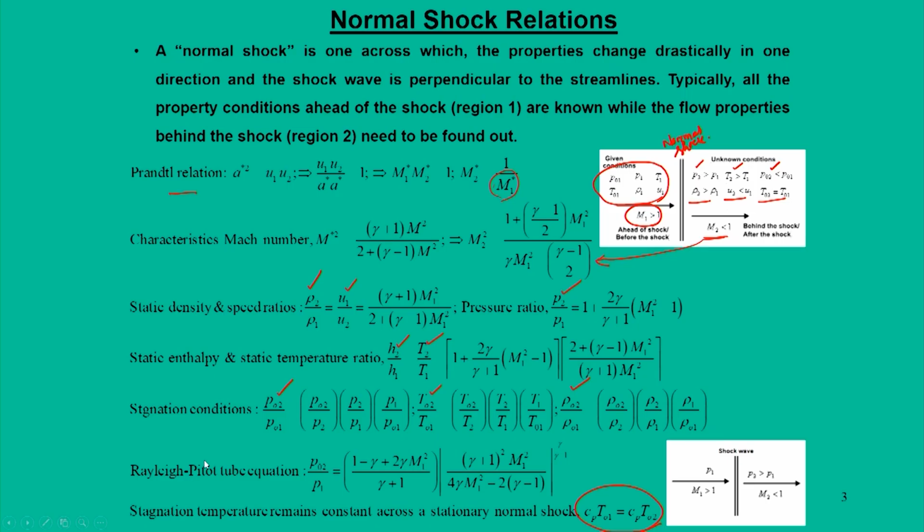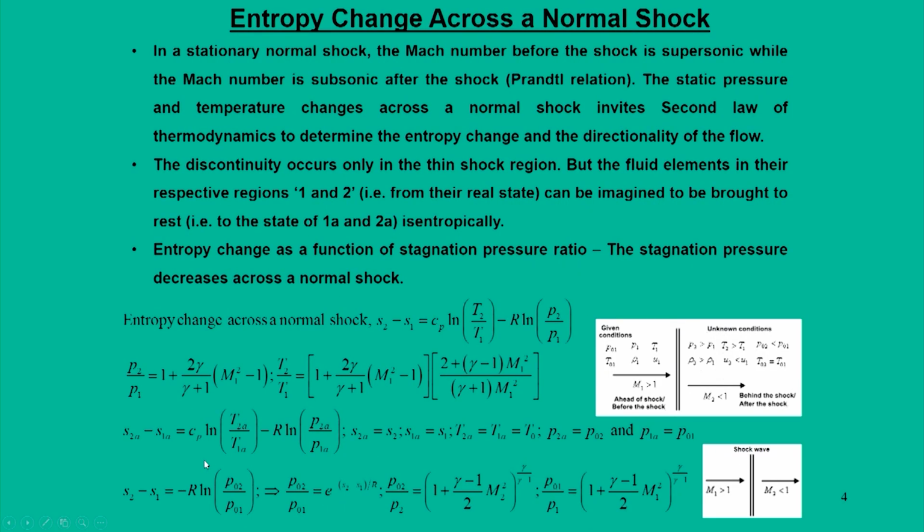Now, moving further from this point, what we are going to discuss in this lecture, the first part is entropy change across a normal shock. We mentioned that entropy is a thermodynamic property, and it is derived from the second law of thermodynamics.